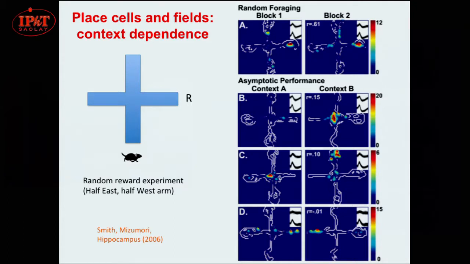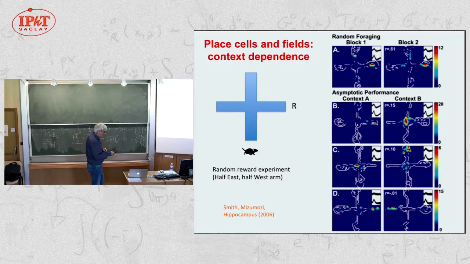Here is an example of an experiment by Smith and Mizumori about 10 years ago. They have a rat in a cross-shaped maze. At the beginning of the experiment the rat is located at one of the extremities, the north, the south, the east, or the west. There is a reward, some food or water, on the east arm.